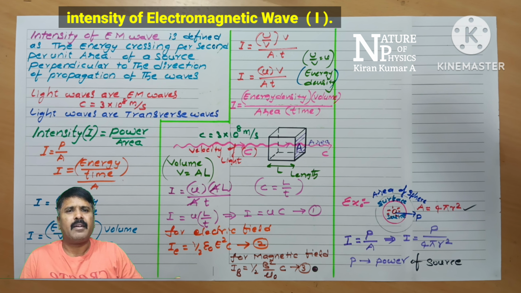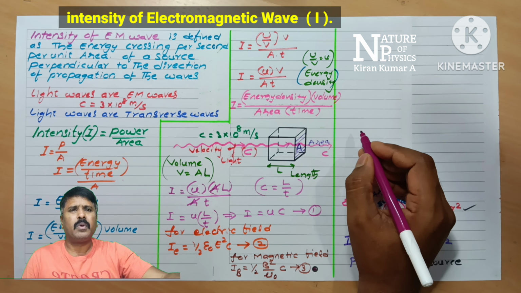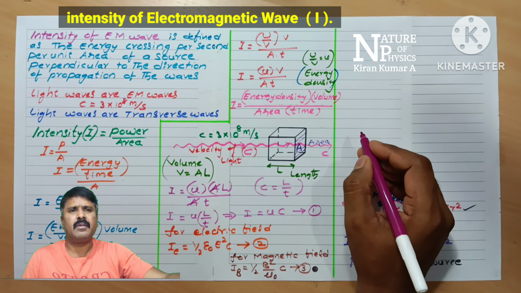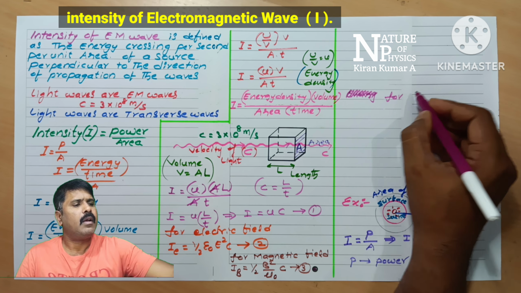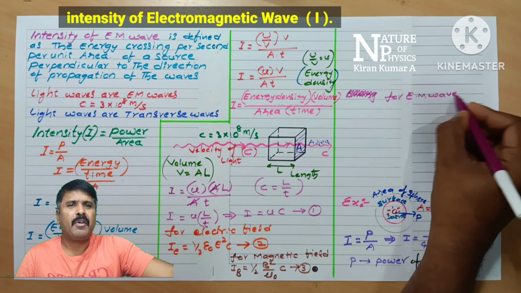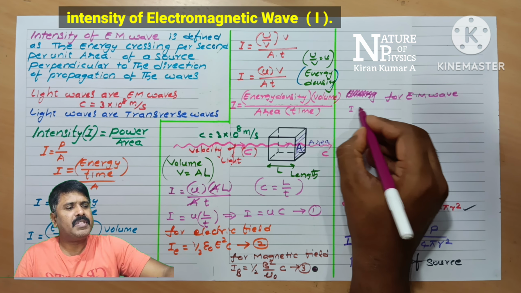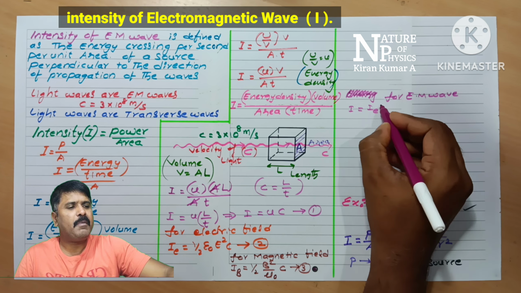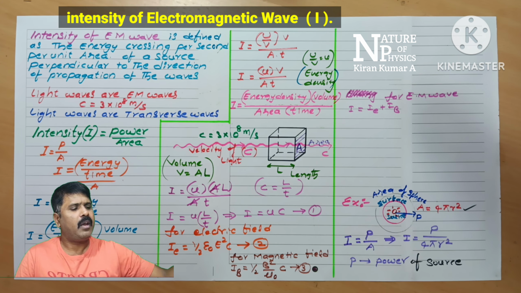Continuing, next I am going to write the intensity for the total EM wave, the electromagnetic wave. I is equal to I_E plus I_B.